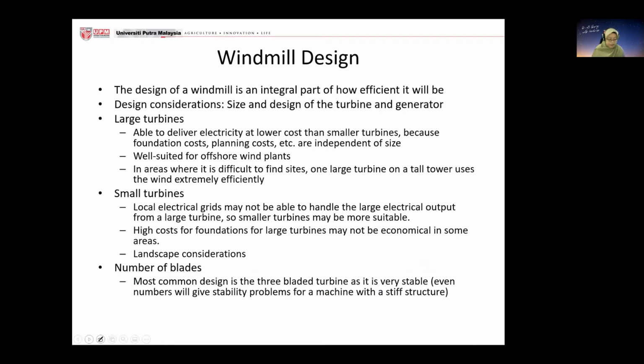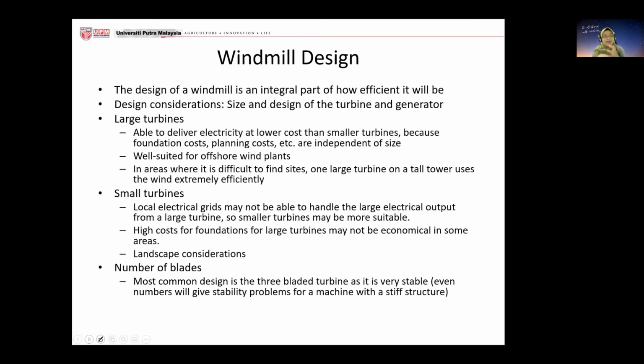So in wind energy, the windmill design is very, very important. The efficiency will depend on how the windmill is designed. And some of the design considerations are the size and design of the turbine and generator.